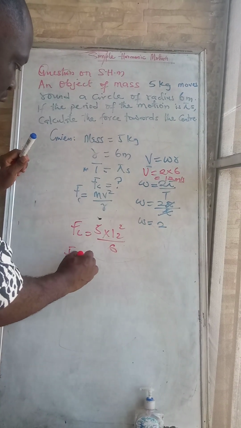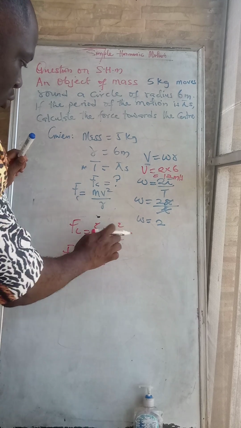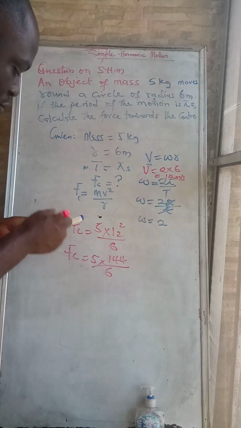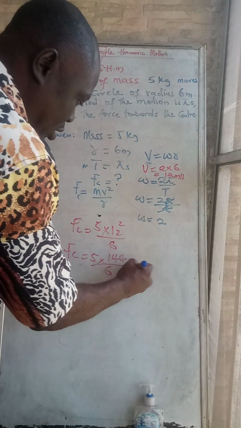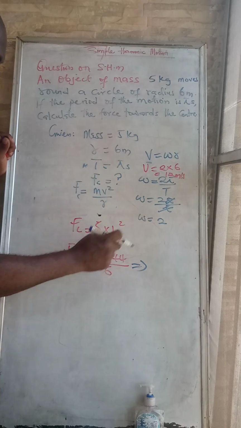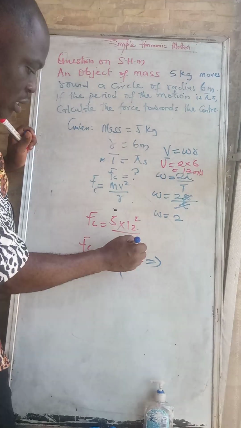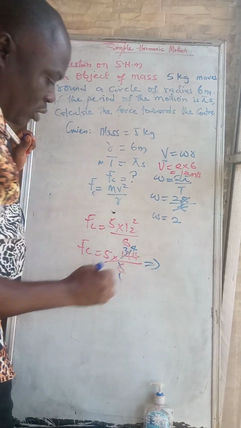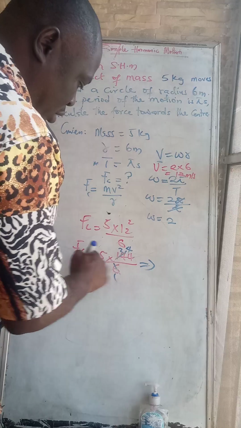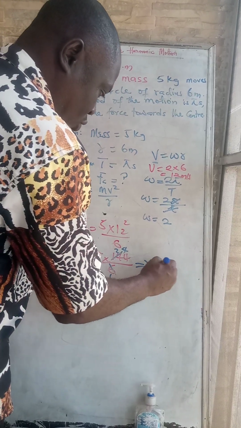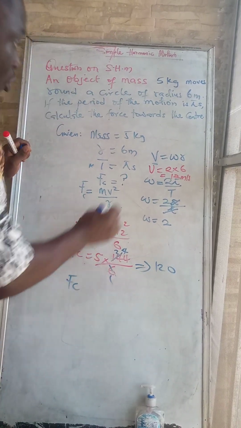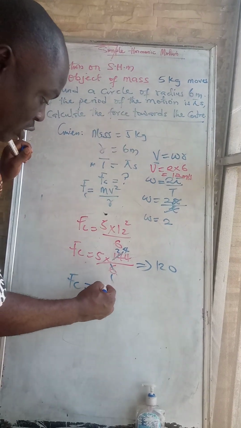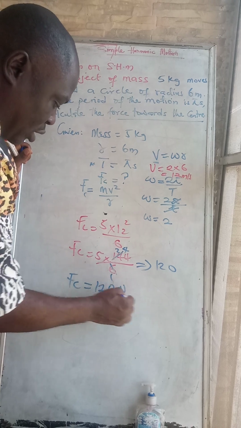So we say 12 times 12 is 144 all over 6, which implies, if we go further, 144 divided by 6 is 24. So 5 times 24 will give us 120. So the force towards the center, which is the centripetal force, is equal to 120 Newtons, and that is it.